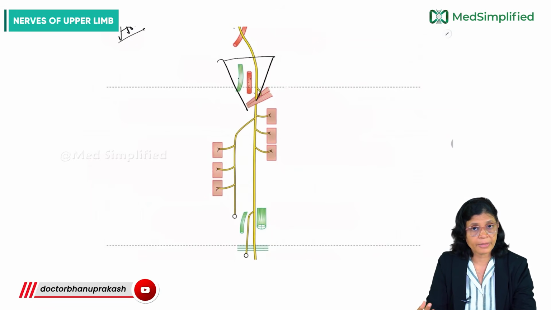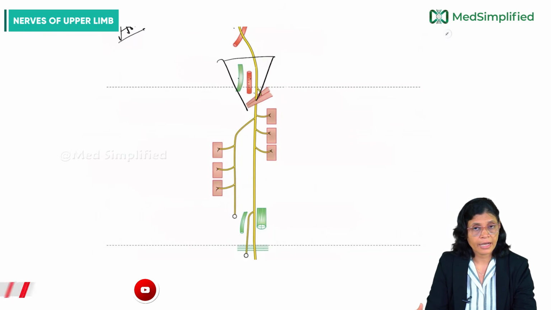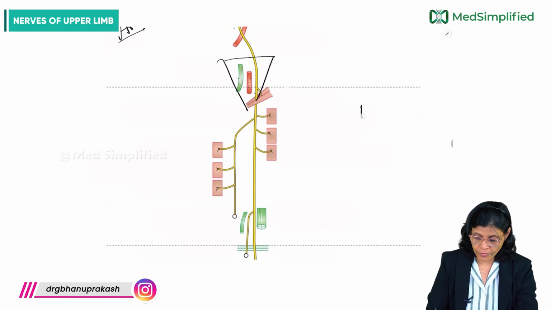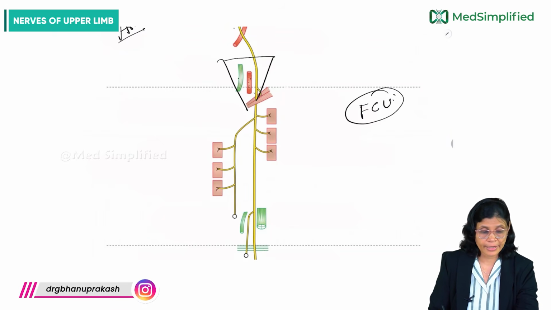So it supplies all the superficial flexors of the forearm except for flexor carpi ulnaris. This is not supplied by it because it is supplied by the ulnar nerve.